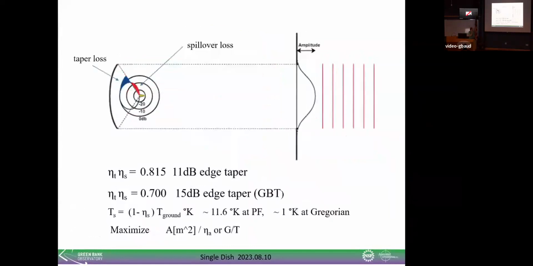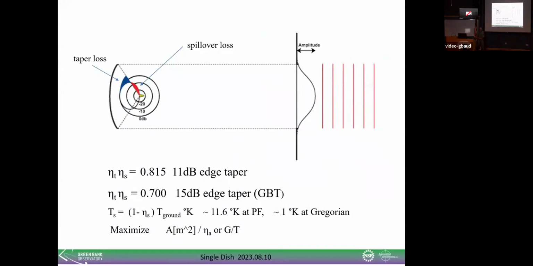So this goes into a little bit of how we try to optimize the aperture efficiency. If you want to optimize aperture efficiency, the optimum is about 15 dB of taper, meaning the signal strength is down about 15 dB at the edge.